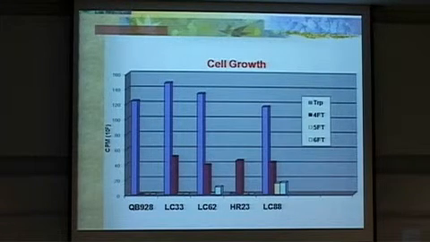The wild type grows only on tryptophan and not on 4, 5, or 6 fluorotryptophan. LC33: 4 is okay, 5 and 6 are not okay. 62: 4 plus a bit of 6. And then HR23: only on 4, not on trip, very little on trip, and not on 5 or 6.